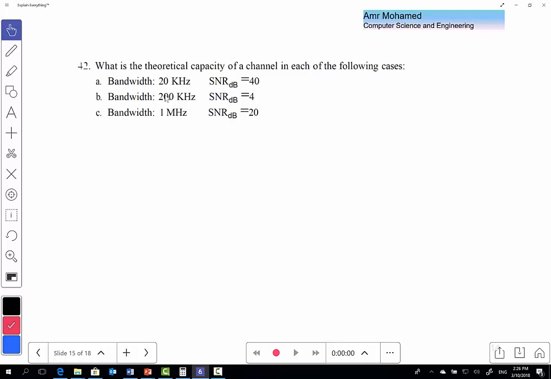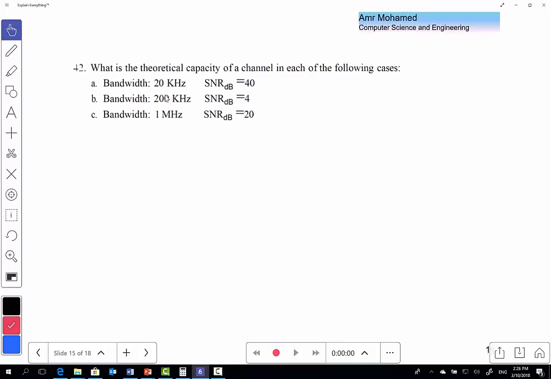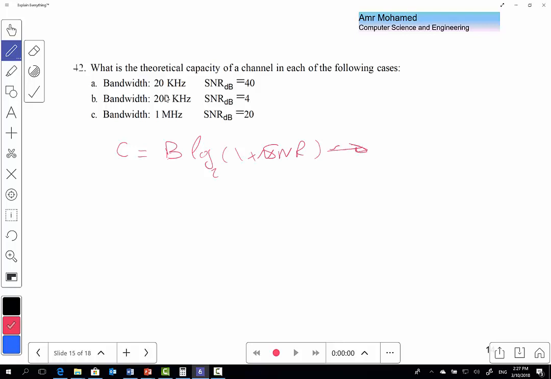Next. So what is the theoretical capacity of a channel in the following cases? So we have a channel of a bandwidth 20 kilohertz and the SNR in decibel is 40. Well, we know that again the capacity equals bandwidth times log 2 of 1 plus SNR, or if the SNR is high, this is the bandwidth times SNR in decibel divided by 3.